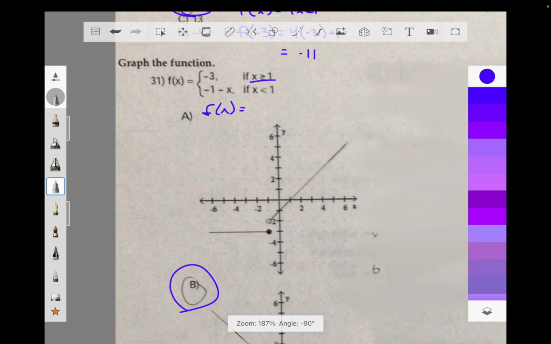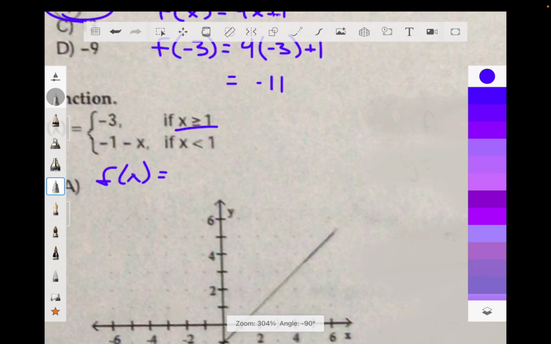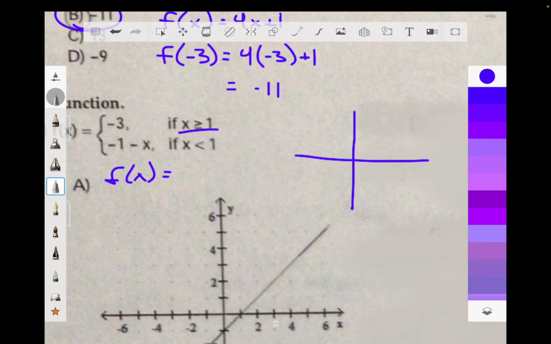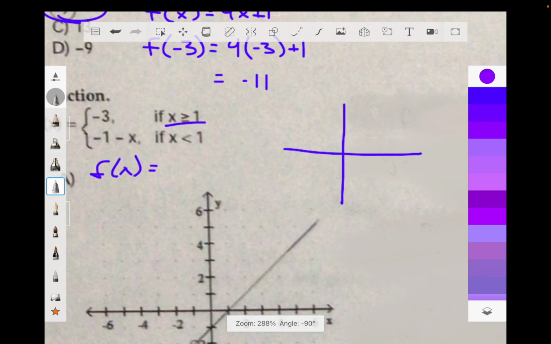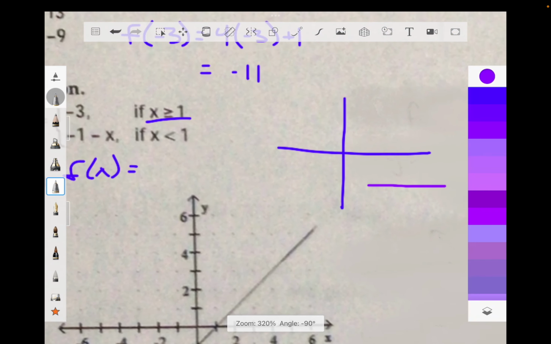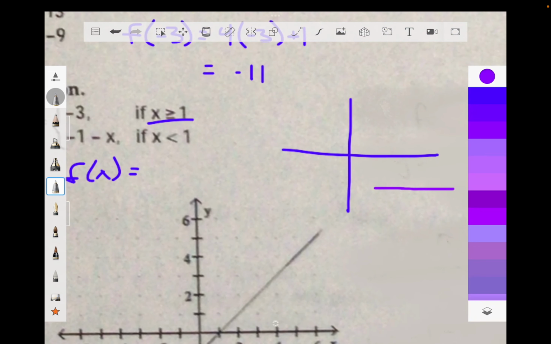But if you want to just keep doing this, let me draw my own graph here. When x is greater than or equal to 1, y is equal to -3. So it's right here, -3. And then when x is less than 1, there's going to be a skip right here because it can't be 1.